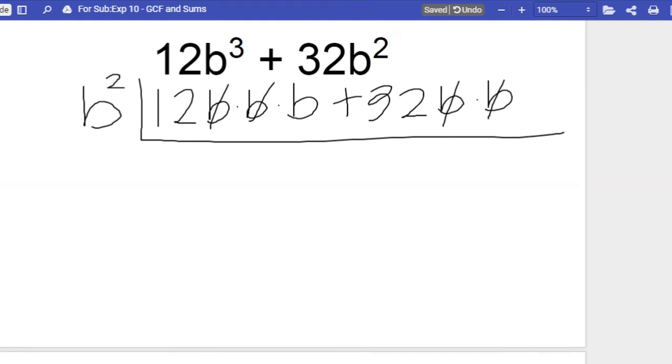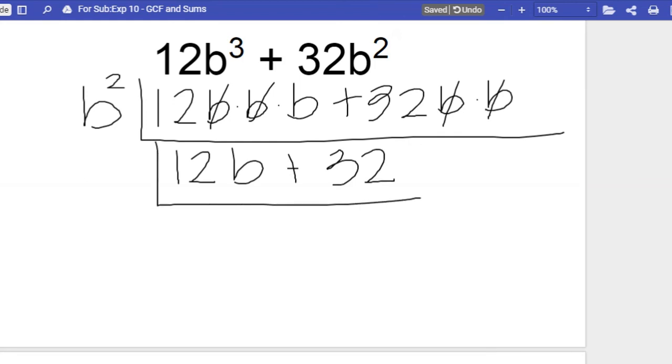Okay, now I worry about my numbers. So 12 and 32. Ooh. Well, let's rewrite. Sorry, that makes this easier. 12 is left and 1 B is left, plus 32. But I don't have any B's left because I took 2 of them out. Now draw my ladder.